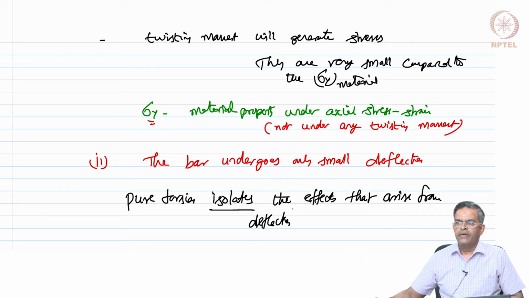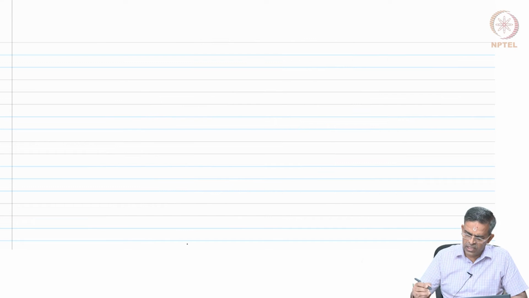In simple terms, when we focus on the effect of twisting moment applied at the free end, this end has already undergone a considerable deflection which is oversighted. That is a very important statement we want to make here.